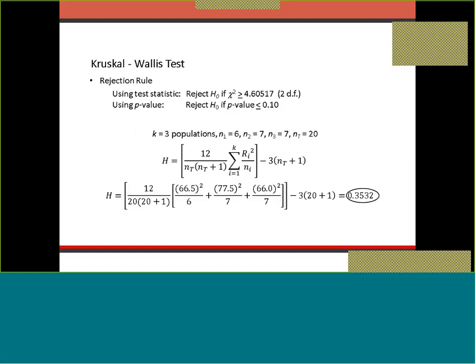So what is the test statistic? Reject H naught if you use the test statistic concept: reject H naught if chi-square is greater than or equal to 4.60517 for 2 degrees of freedom. What is this? This is the table value of chi-square for 2 degrees of freedom.